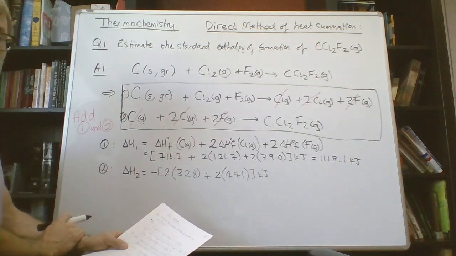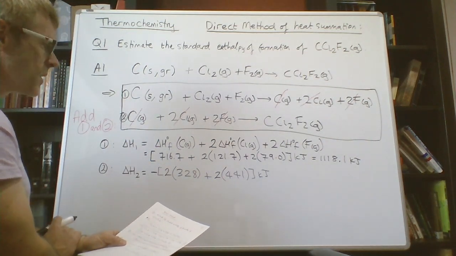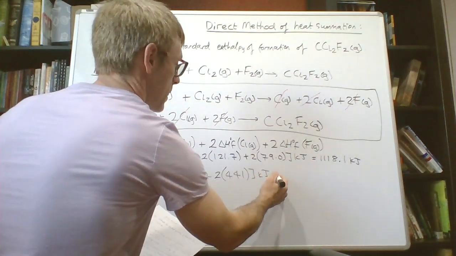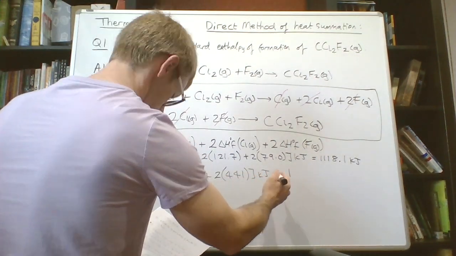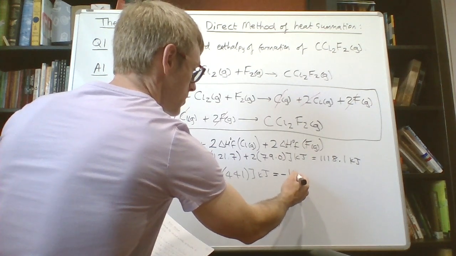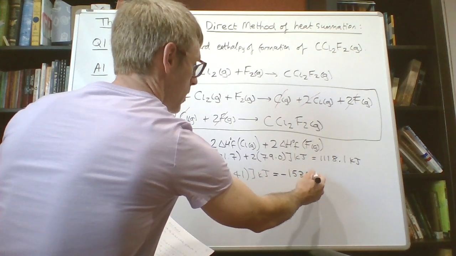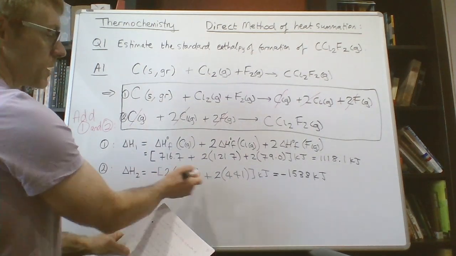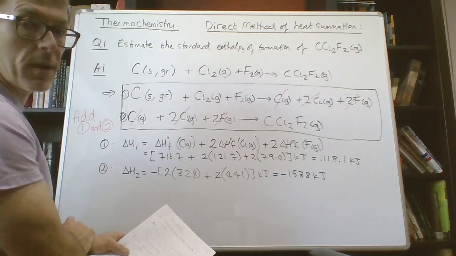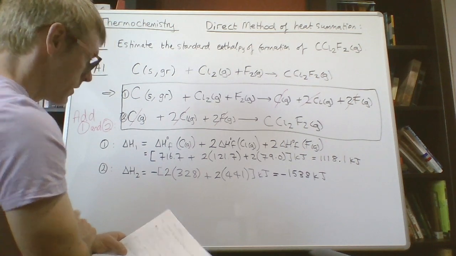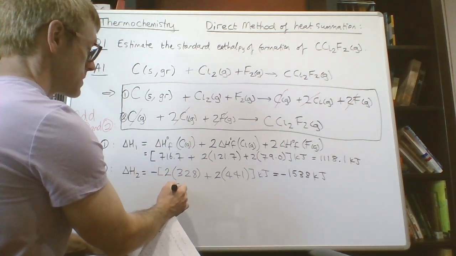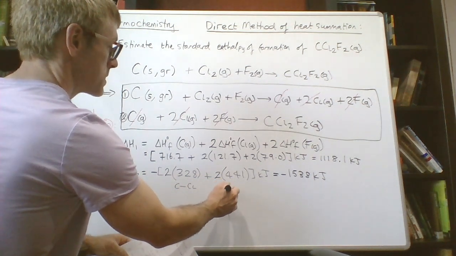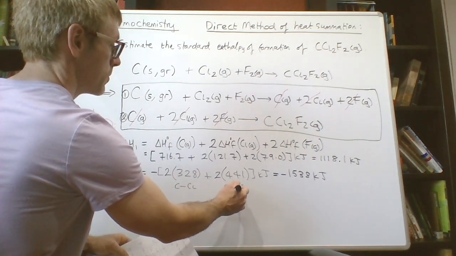Again, these values would be found from a table. I add those together, it's going to be a net negative value, and that is negative 1,538 kilojoules. No decimals this time because I'm adding and neither of my values has a decimal. This value represents the carbon to chlorine bond. This value represents the carbon to fluorine bond.